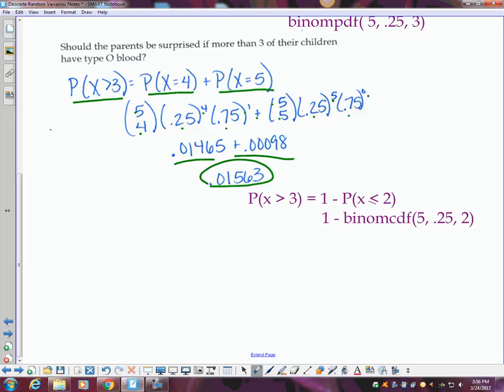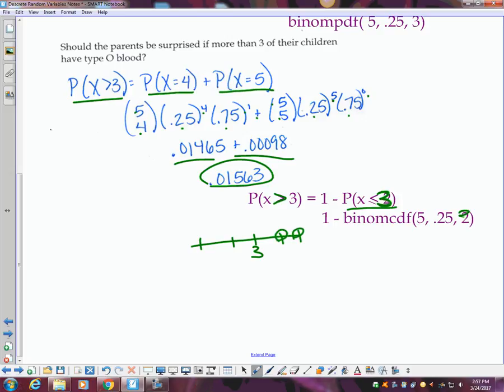if I want to be greater than 3, so here's 3, I want to be 4 or 5. Well, that's 1 minus the probability that I'm less than or equal to 3. If I'm just greater than 3, then it would be less than or equal to 3.